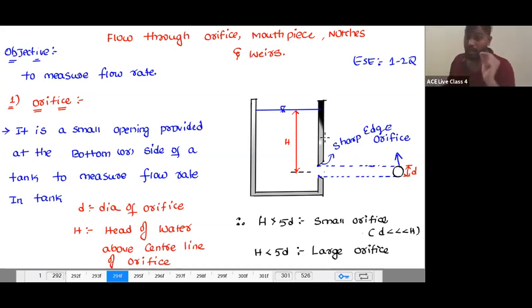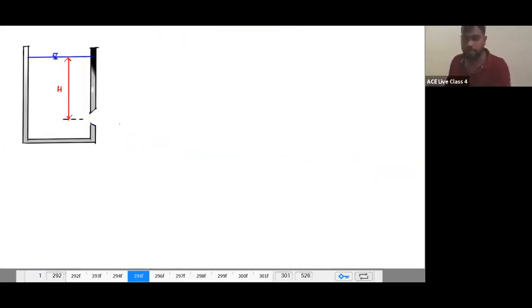Now based upon this dia and H, let's see how we are going to measure the flow rate. Observe here carefully. When the flow emerges out, due to the sharp edges, the contact of the flow is minimum.